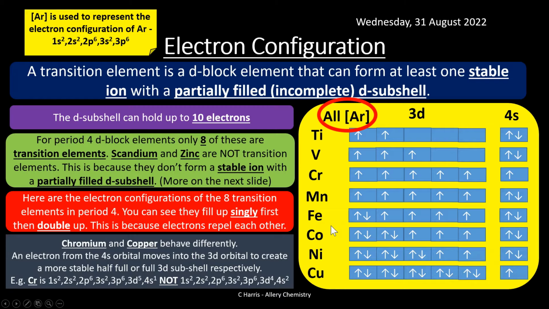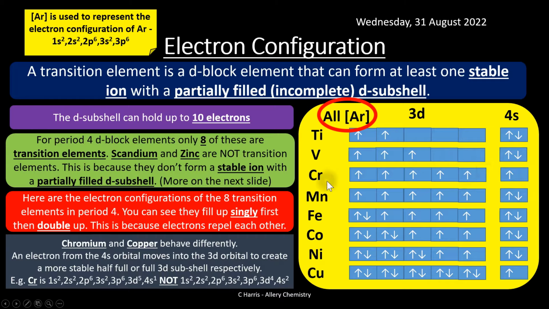So chromium and copper behave slightly differently, as you can see. An electron from the 4s orbital moves into the 3d orbital to create a more stable half-full or full 3d subshell respectively. So the electron here went into there, and then this electron here jumped into this orbital here. Okay, so that's what happened.